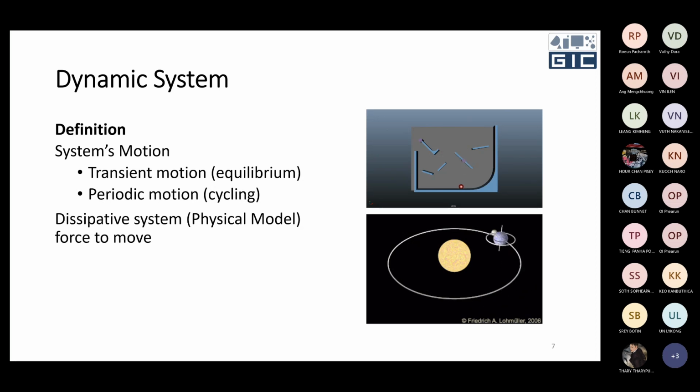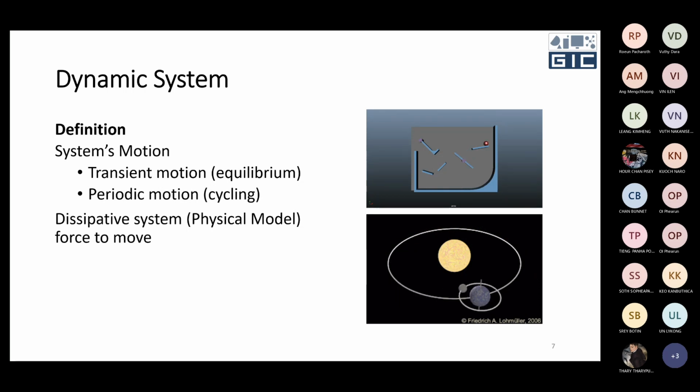In another example, you can explore the motion of a sine equation or cosine equation, because those kinds of equation or signal also produce periodic motions. They repeat the pattern of cycling.